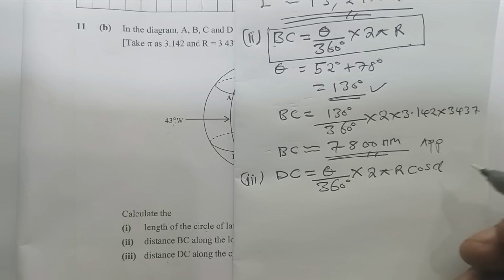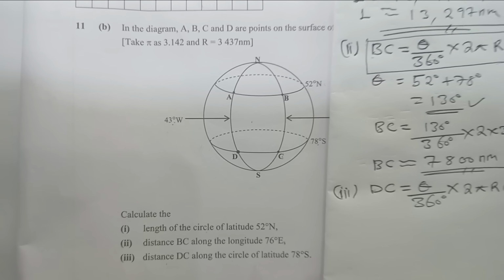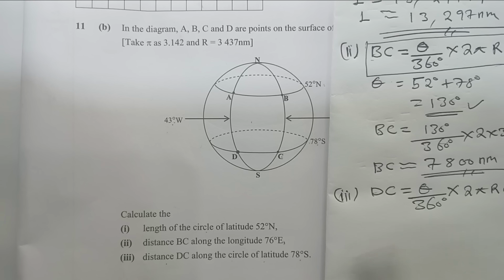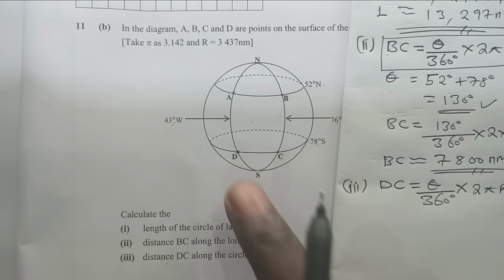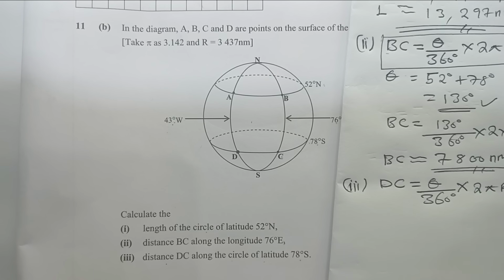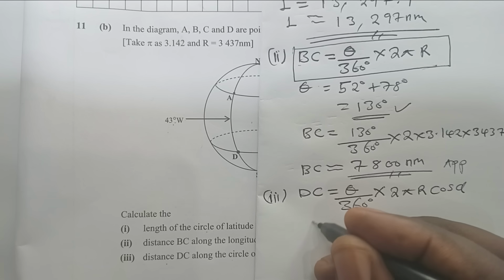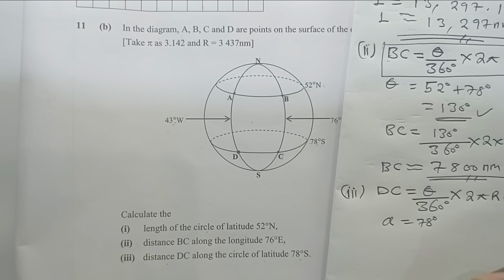The alpha comes about because this is now in the small circle of latitude 78 degrees. So alpha is the latitude where this distance DC is based, alpha is equal to 78 degrees.